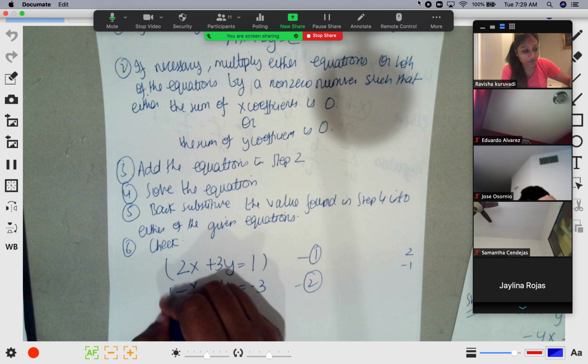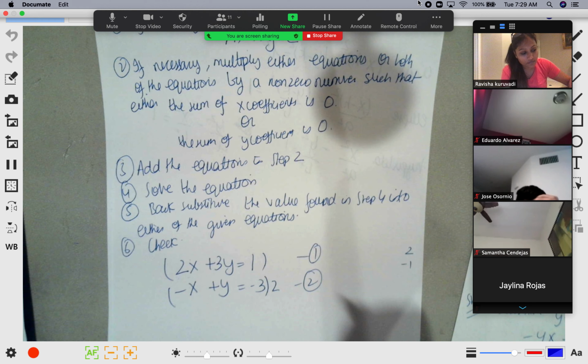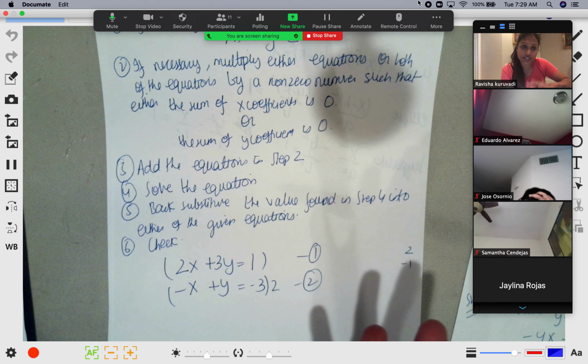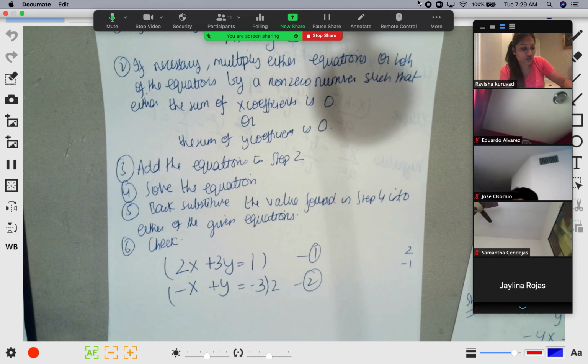If I multiply the second one with 2, what does this become? Negative 2x. And I already have 2x here, so I don't have to multiply the first equation with anything. The first one remains as it is.